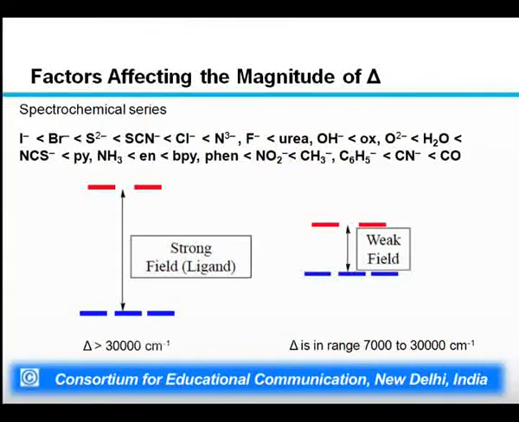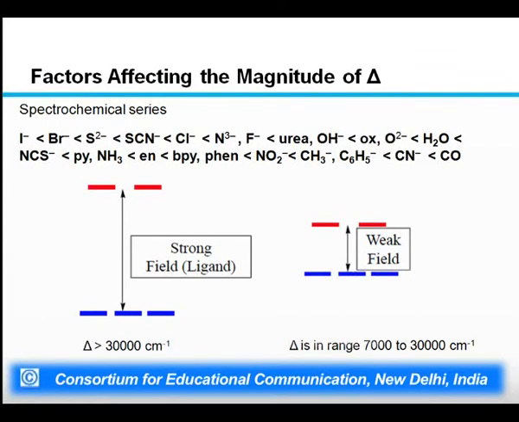So, what is the spectrochemical series? It is an experimentally determined series of ligands, in which ligands are arranged in increasing ligand field strength. The lower end of the series has the weak field ligands, and the higher end has the strong field ligands.